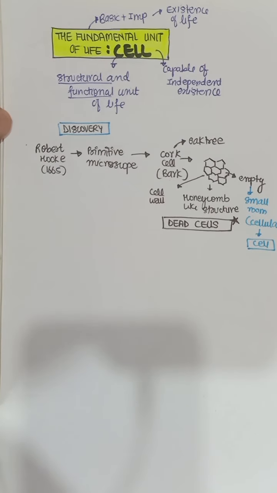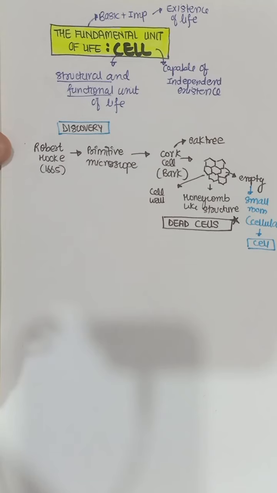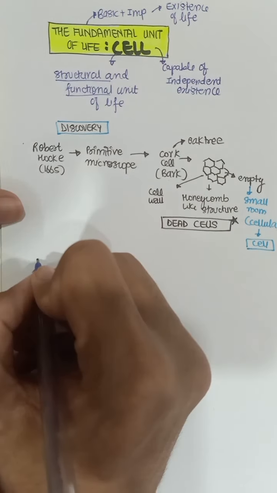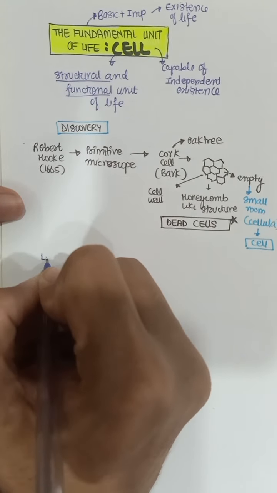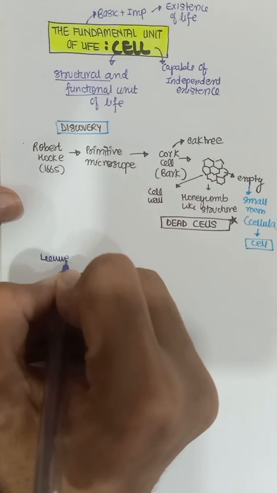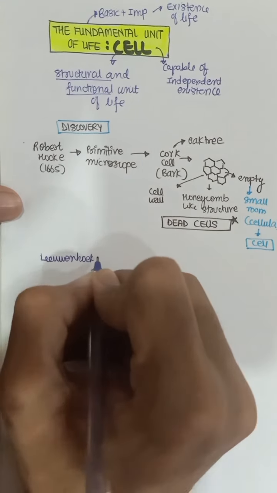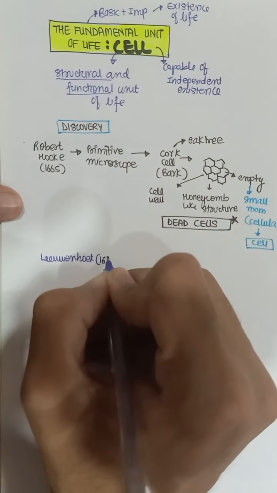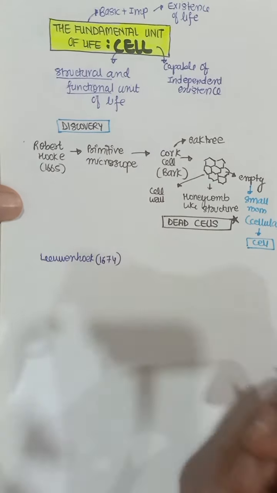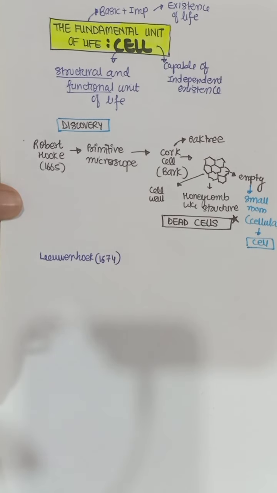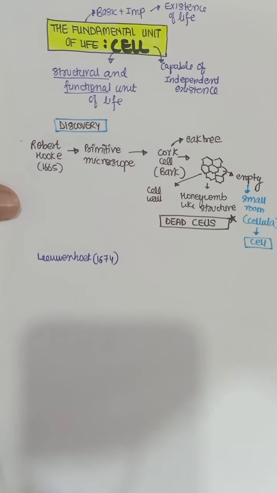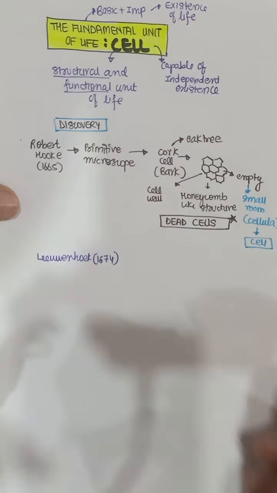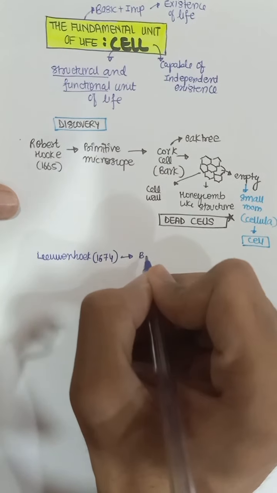I know you're curious to know, then who first saw a living cell? So there was another scientist named Leeuwenhoek. His full name was Anton von Leeuwenhoek. In 1674, he made a better microscope than Robert Hooke.